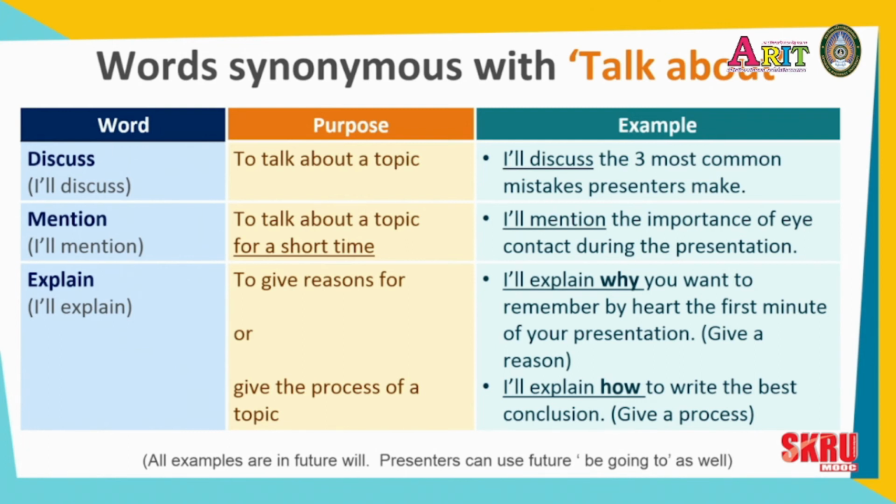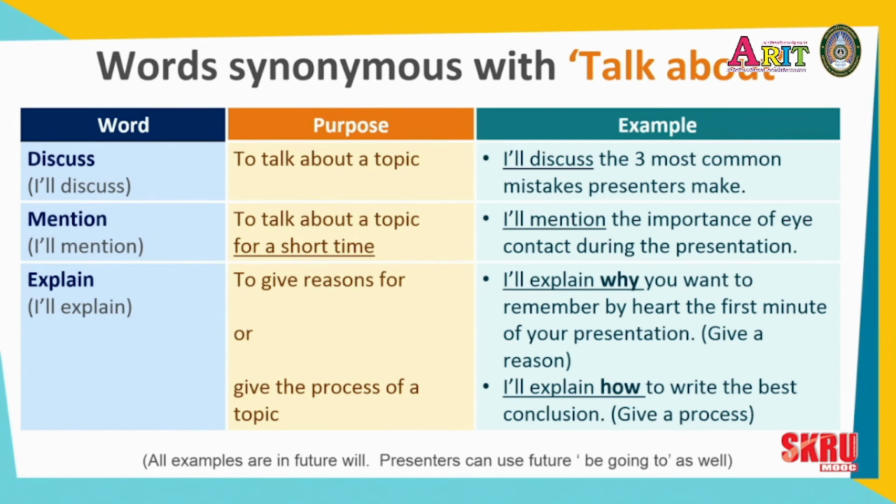So an example, I'll explain why you want to remember by heart the first minute of your presentation. All my examples are about giving a presentation. So they're examples of someone giving a presentation on how to give a presentation. Should have pointed that out at the beginning.